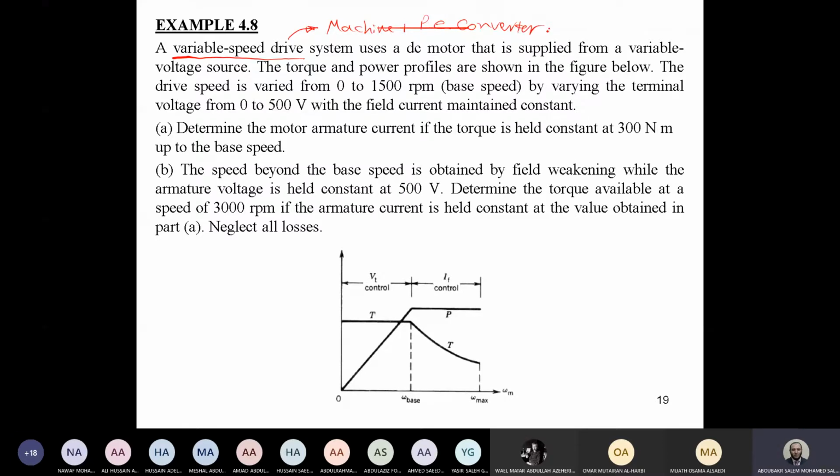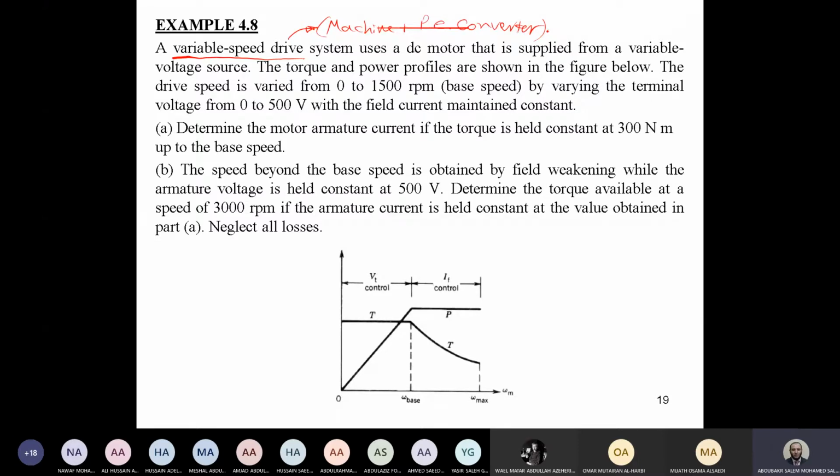Both of them together are called drive system. And because the power electronics can increase or decrease the speed, it's called variable speed. We have variable speed drives as DC drives and AC drives. For DC motor, for sure we use DC drive, and for AC motors we use AC drive.